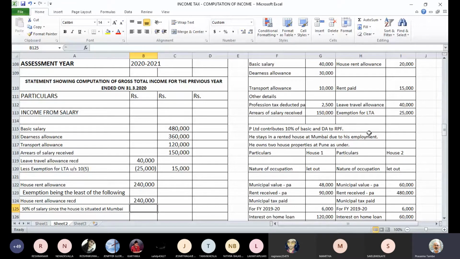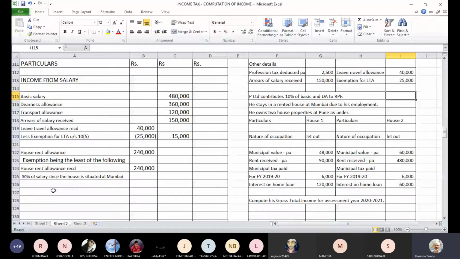Now here you have a hint that P Limited, the employer, contributes 10% of basic and dearness allowance to recognized provident fund. Since the DA is also part of retirement benefits, salary will mean basic as well as DA. So I'll put it in bracket here.